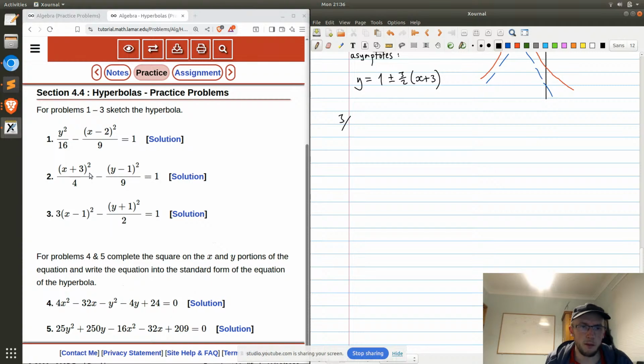Third one. First, it has to be in standard form. Multiplying by 3 is the same as dividing by a third. And dividing by a third is the same as dividing by the square of the square root of a third, which is 1 over root 3, which is root 3 over 3.